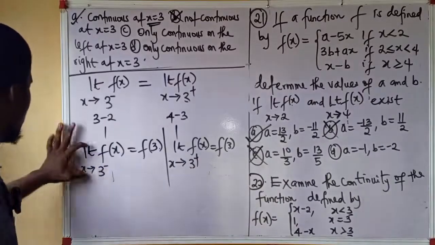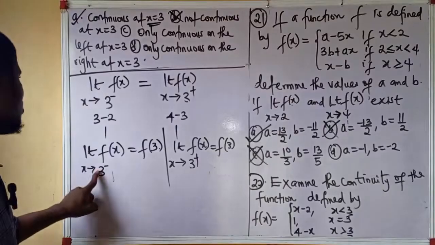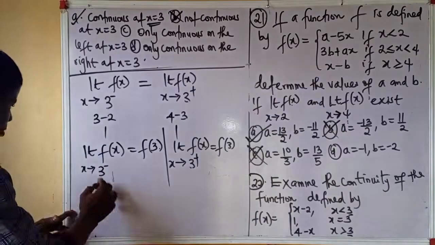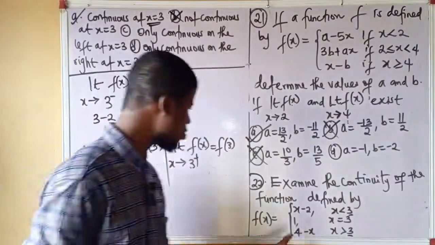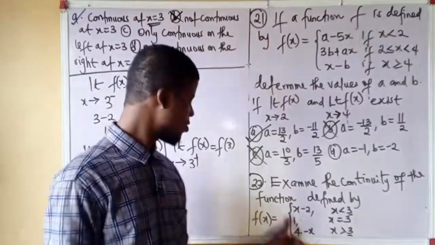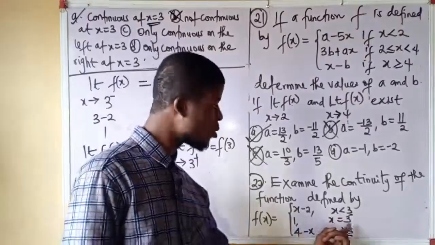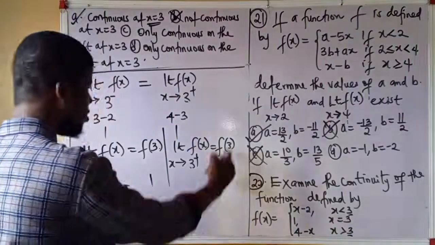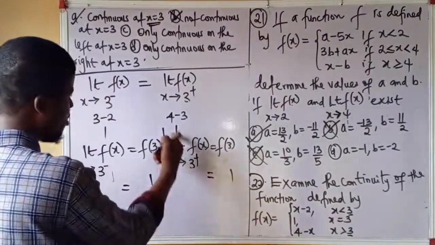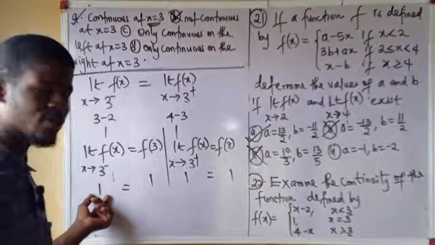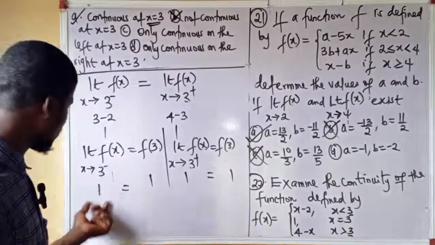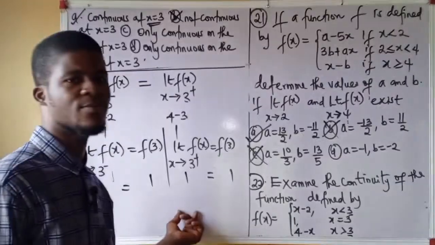Now, we've gotten this one already before, the left-hand limit, which is 1. What will be f of 3? f of 3 is also 1. So the function is equal to 1 when x equal to 3. So this is 1, this is 1. The right-hand limit we got is 1. So the function is not only left continuous. It is both left continuous and right continuous.